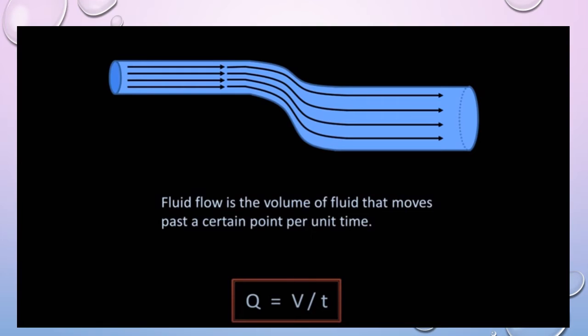The fluid flow is the volume of fluid that moves past a certain point per unit time, as depicted in the figure. Here you can write the fluid flow rate as Q is equal to V over T, where V is the volume. So from this definition, the fluid flow is the volume of fluid that moves past a certain point per unit time.